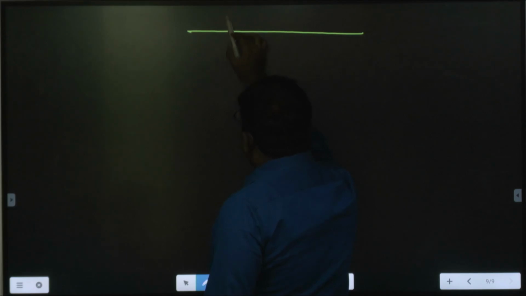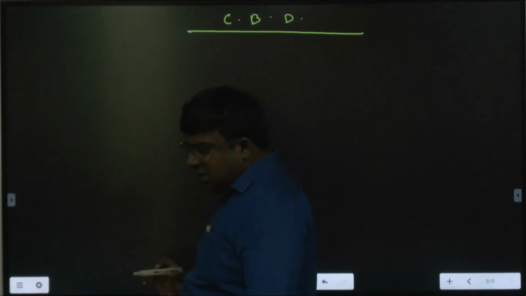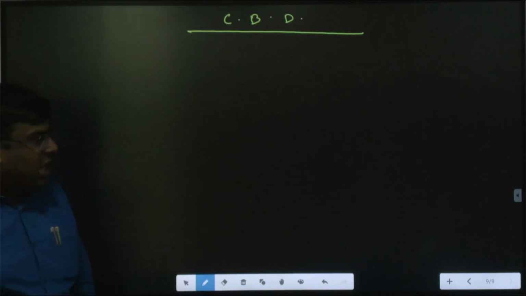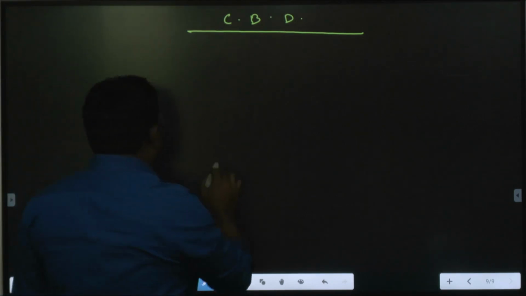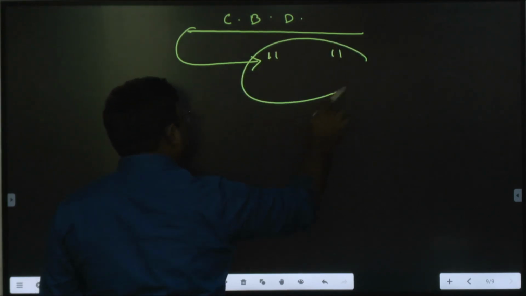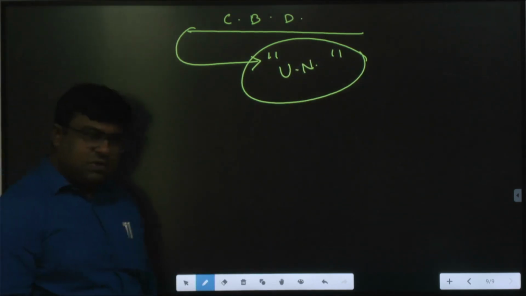Name of that agreement is CBD, Convention on Biodiversity. And this international level mechanism is the effort of a very well-known international body. What? United Nations.